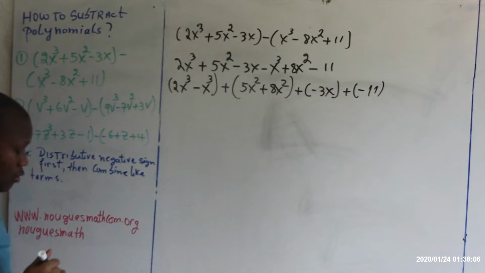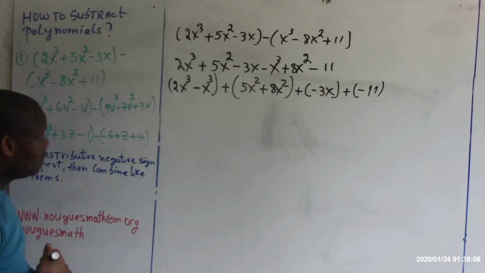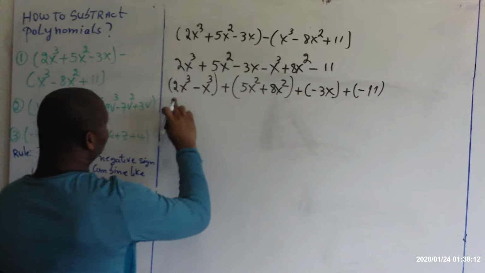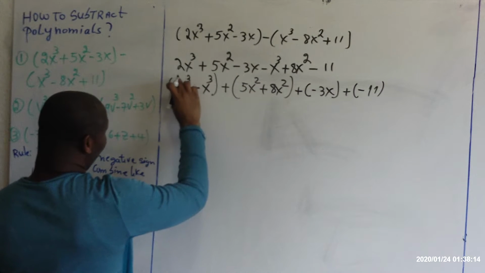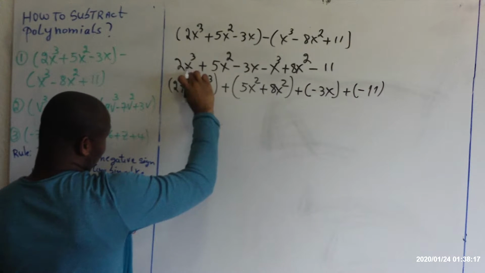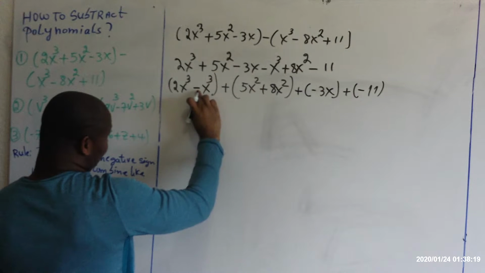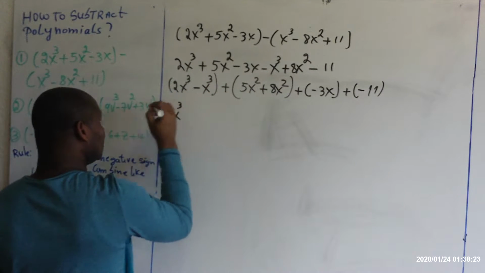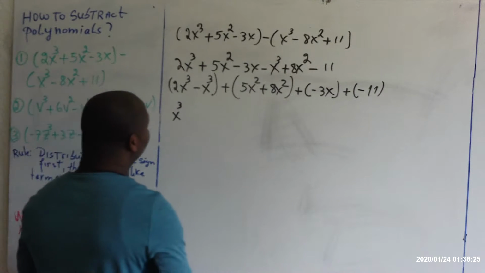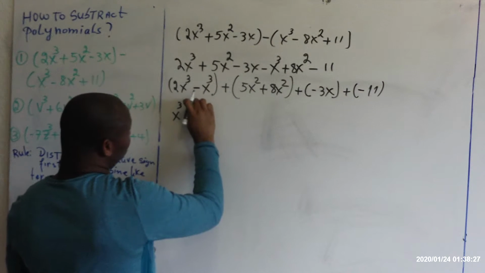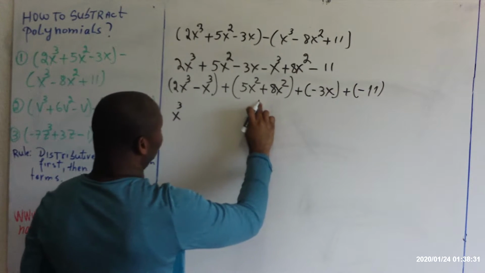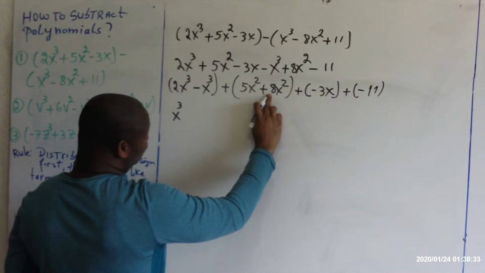All right, now we're going to add the terms. So you have 2x to the 3 minus 1x to the 3. That's going to be x to the 3. Okay, so now we're finished with cube. So let's do squared. We have 5 plus 8.